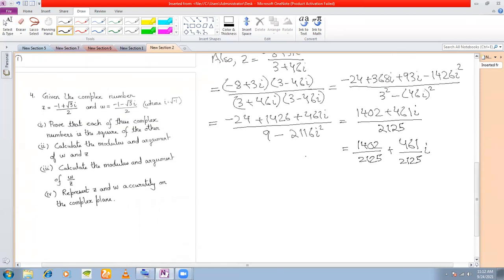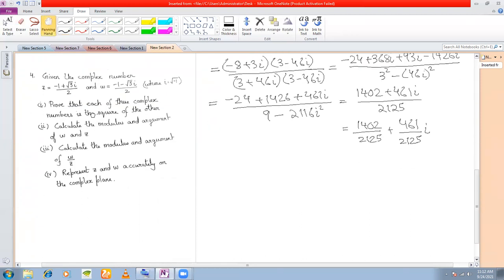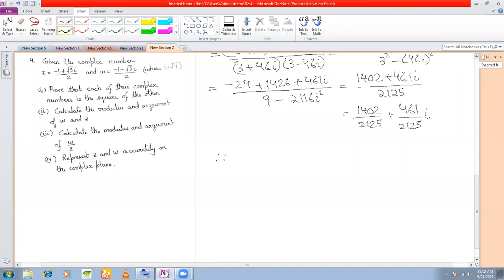Okay. So now we want to find out the argument of this. Because both x and y here, the real part and the imaginary part, are positive, the argument will definitely lie in the first quadrant, so you don't actually need to draw the Argand plane. Argument of z can be written as tan inverse y by x, the formula for argument.